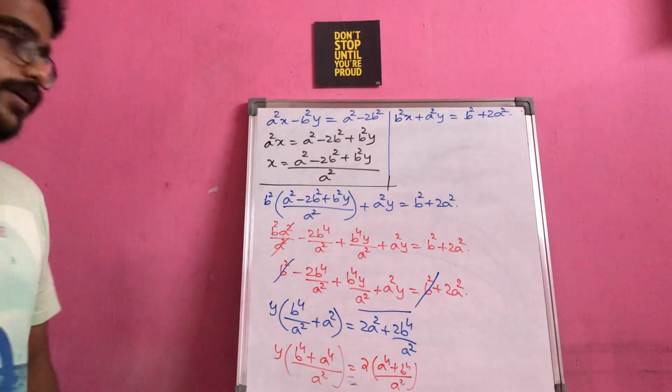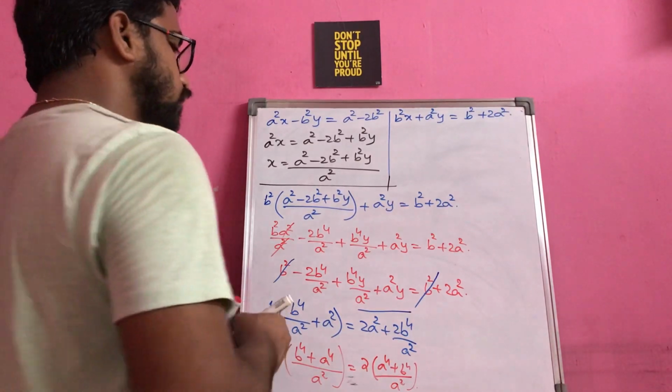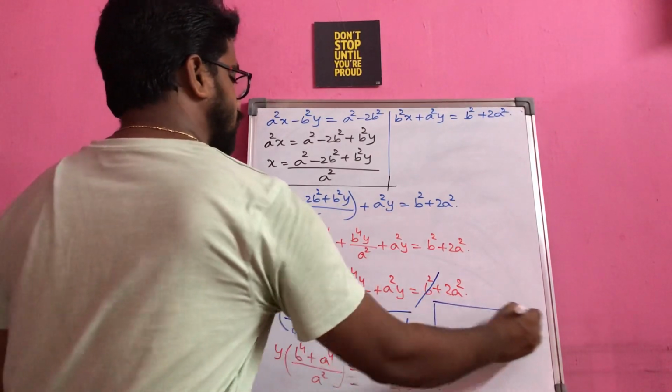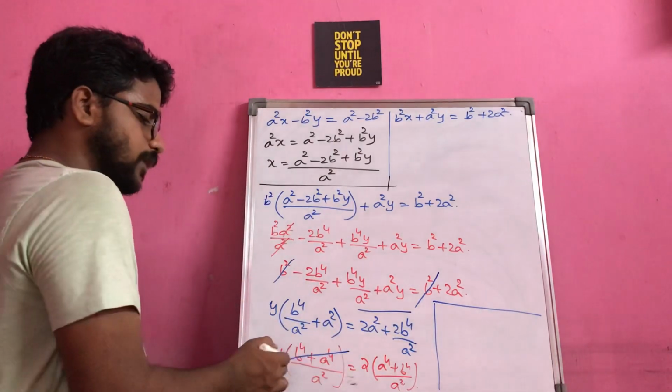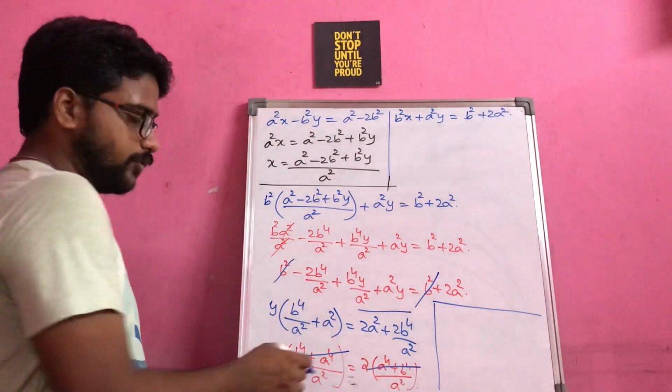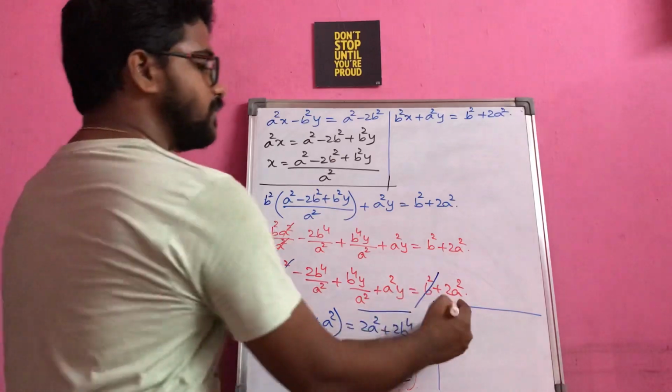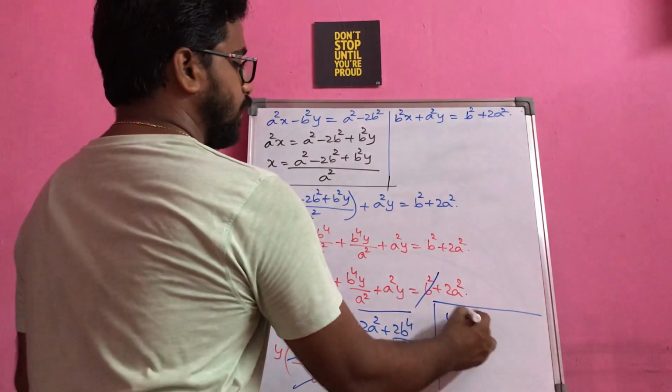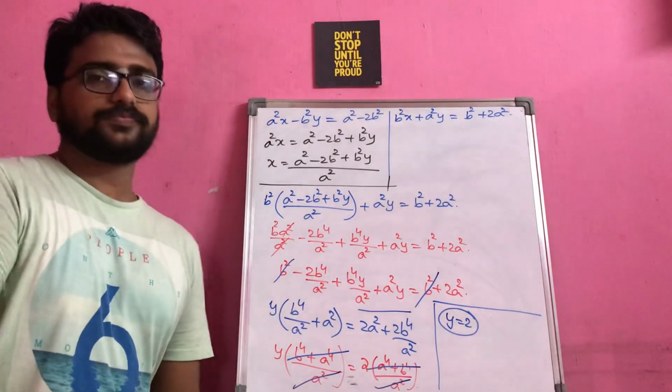So you just observe here, when I look for the cancellations, b power 4 plus a power 4, b power 4 plus a power 4, a square, a square. So that means everything is getting cancelled out. I am getting y is equal to 2.